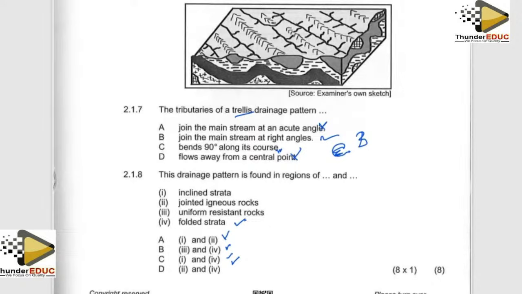Then uniform resistant rocks. So this one is right. And then talk about inclined. We say it's wrong. So the answer is 2 and 4. It makes it D. All right. Let's proceed.